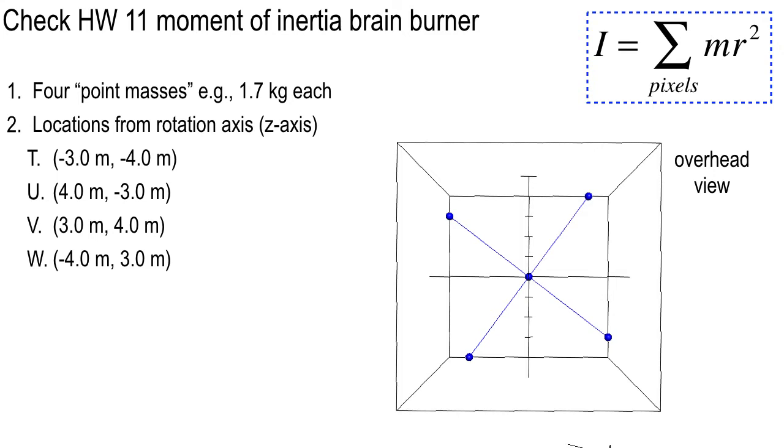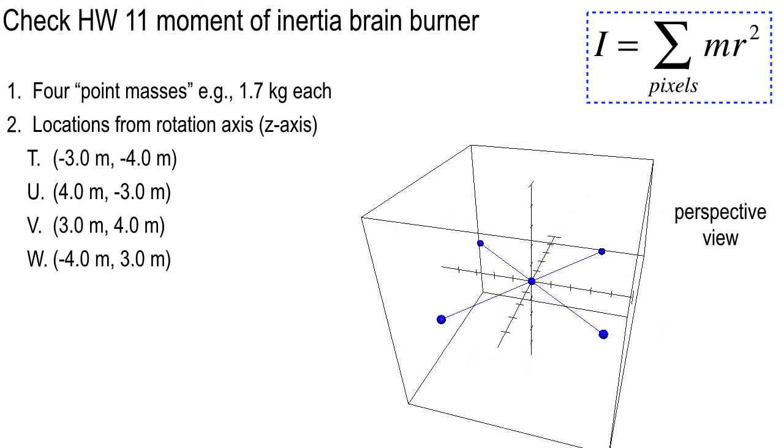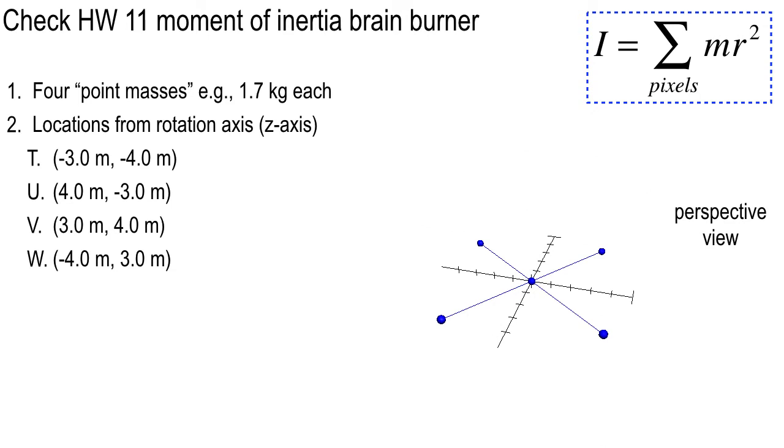Here's a perspective view of this array of point masses. Now we're looking kind of in perspective, and I still have that cubical frame around it traced in. Let me remove that now. So there are the coordinate axes, and here are the four mass points.